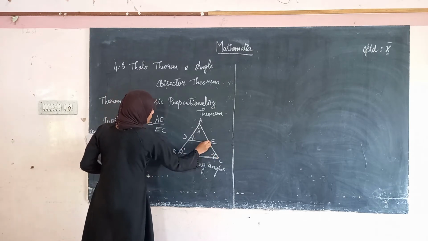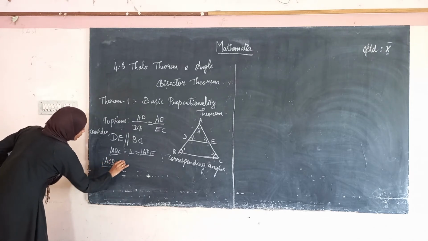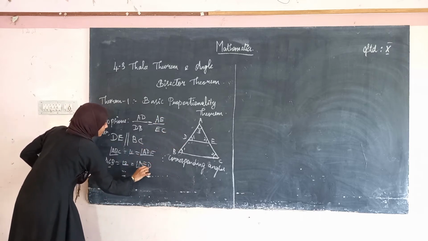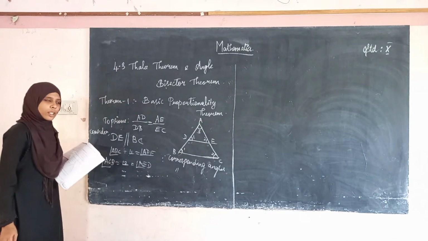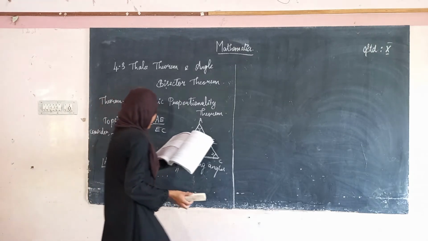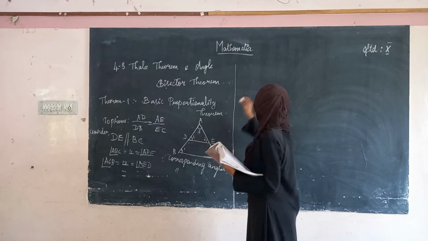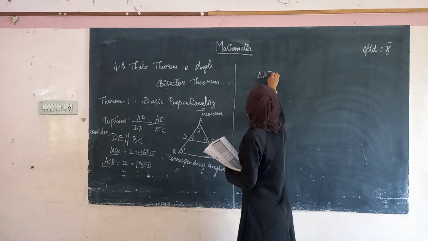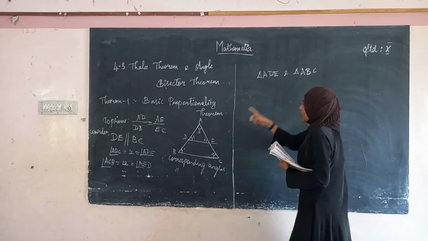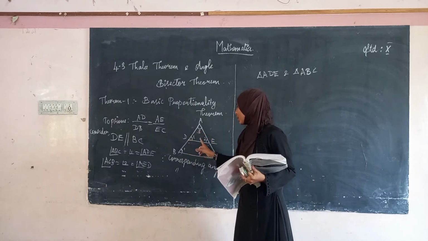Similarly, if angle ACB is equal to angle 2, then angle 2 is equal to angle AED, for the same reason: corresponding angles are equal. Now here we have two triangles, ADE and ABC. We have one angle in common and the other two angles also equal.